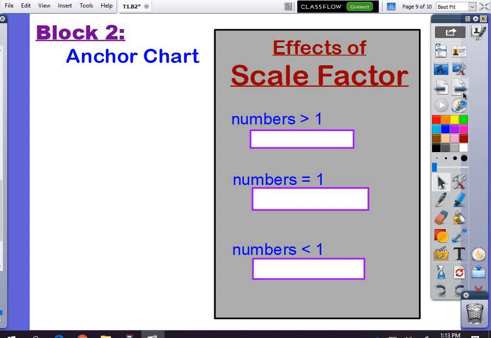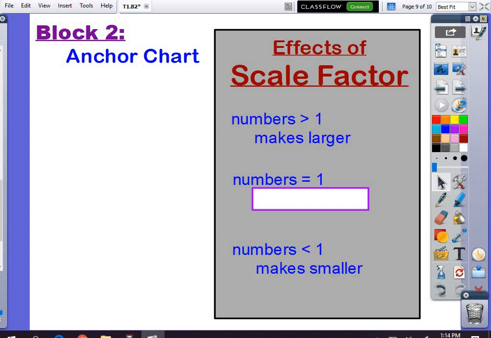When numbers are greater than 1, what happened to the image? When we multiplied numbers, it gets larger. Then numbers that were smaller than 1, what happened?